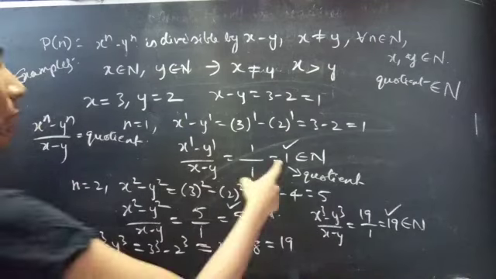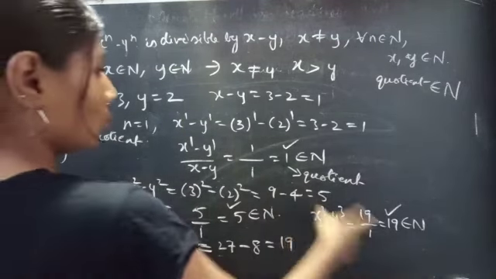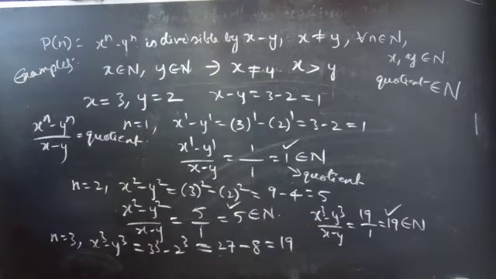So 1, 5, 19 are quotients, and each number belongs to N.